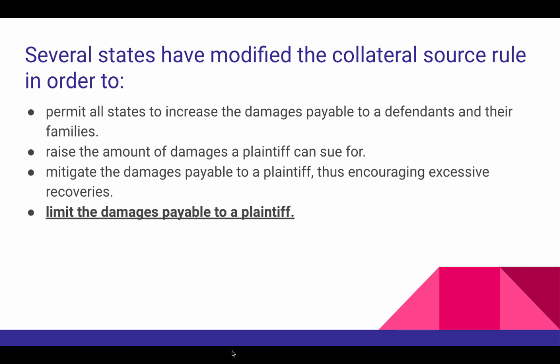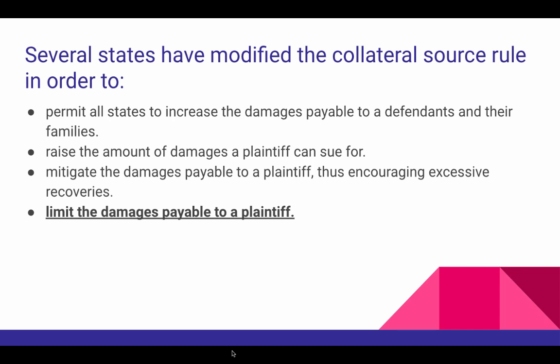So what the collateral source doctrine originally stated was that the court could only look at what they received. They couldn't have access to that other evidence that showed that although the patient was claiming $100,000 in medical bills, they had already received payment, maybe in the amount of $80,000. So they should only be able to obtain another $20,000.